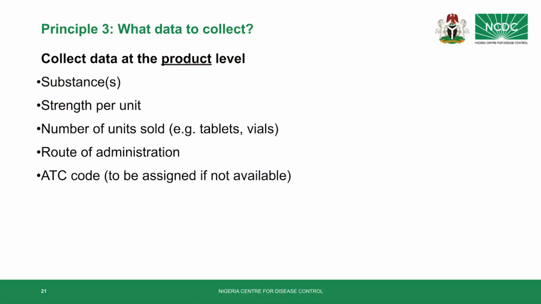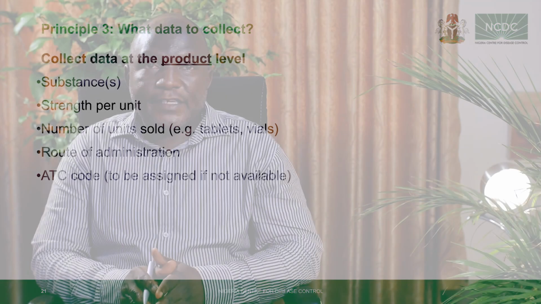You have to collect data at the product level, which refers to the substance, the strength per unit of the medicine, number of units sold. It could be tablets, it could be vials, route of administration, and of course ATC code, which refers to the anatomical, therapeutic, and chemical codes.